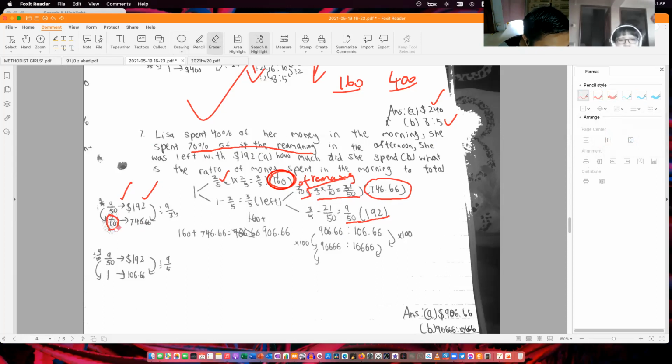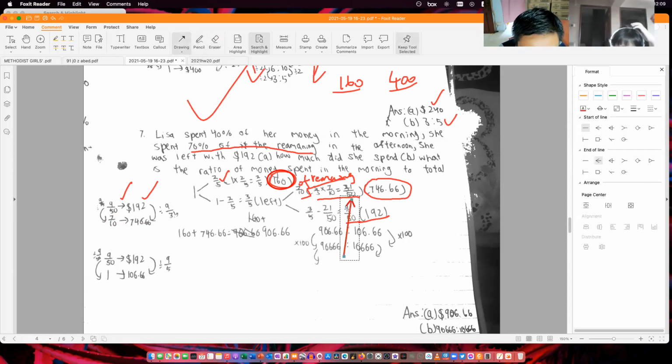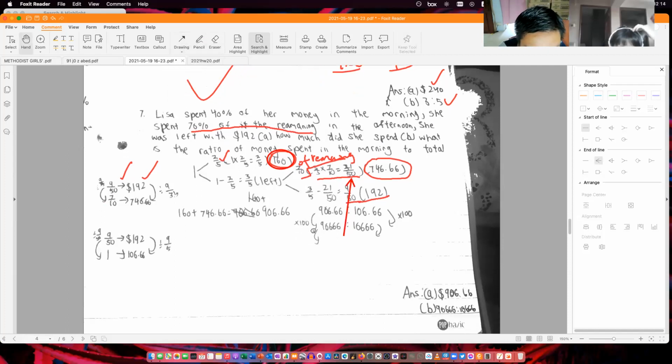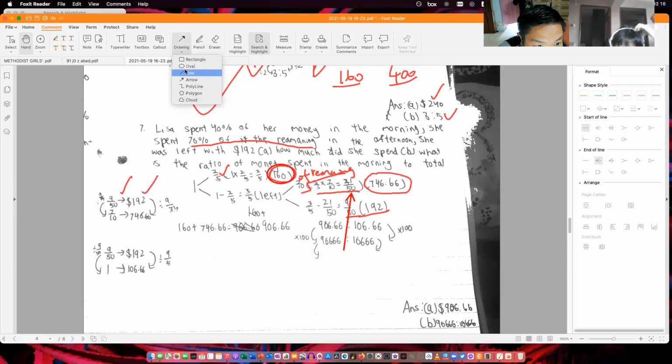Can I ask you, proportion. Is 7/10 the fraction? Huh? 7/10 is the fraction? Is this the fraction or this is the fraction? Hold on. Which one is the fraction? 7/10 or 21/50?